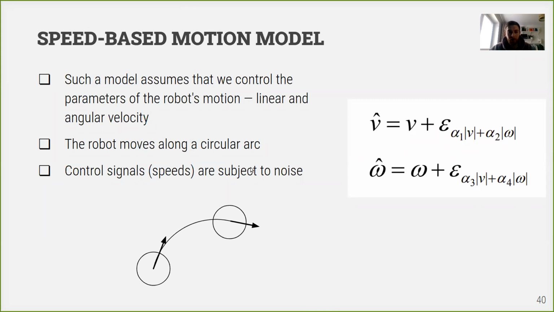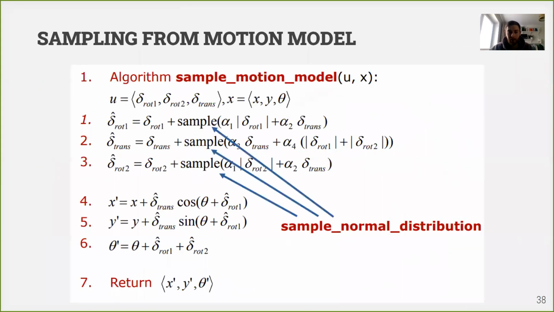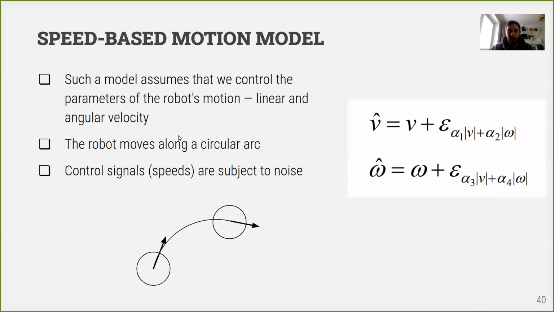In this model, our speeds will be subjected to noise. Here we had our motion parameters, rotation and translation, subjected to noise, and here samples of noise we were adding to our motion parameters. And in these speed-based models, directly speeds are subject to noise. So on the right side of the slide, you can see linear speed with some noise and angular speed with some noise also.